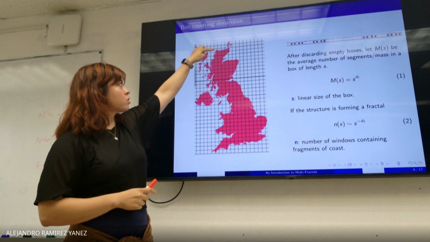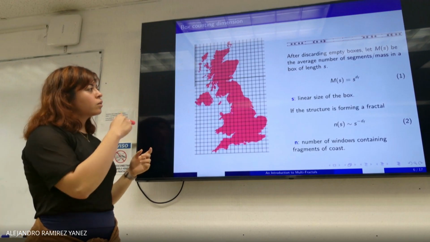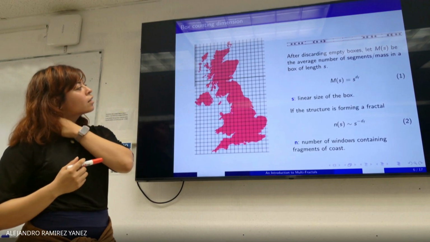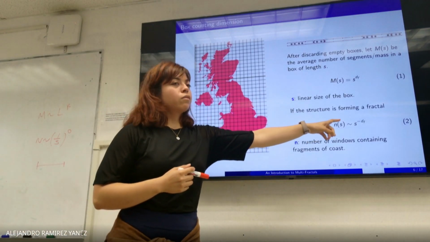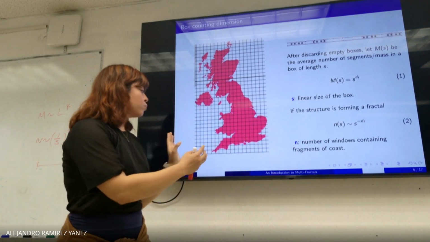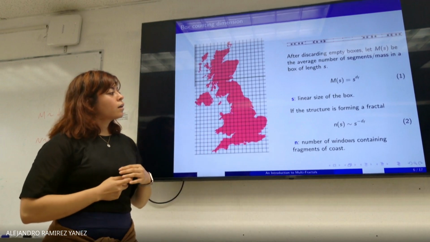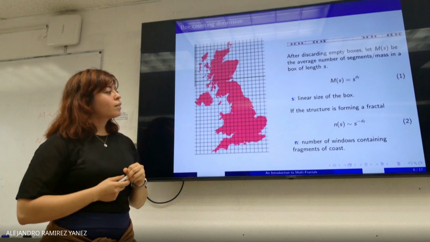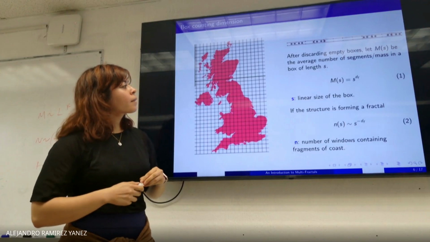So for example, here just the contour of the S1 is forming the fractal. You count how many boxes, and those boxes will follow a power law with the fractal dimension df as you reduce the size of the box S. This follows a power law because of the self-similarity.